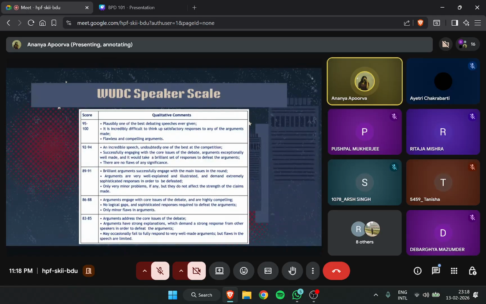Typically, 75 is for an average speech, and above that is based on the scale. 85 is where you go very, very high, and you have listened to a very, very good speech. This is the speaker scale. Refer to this once we share the slides, and you'll be good to go.